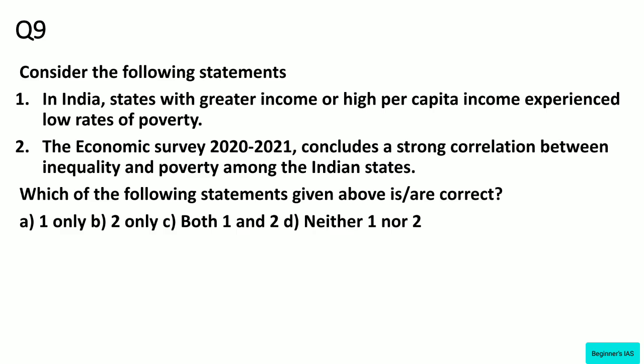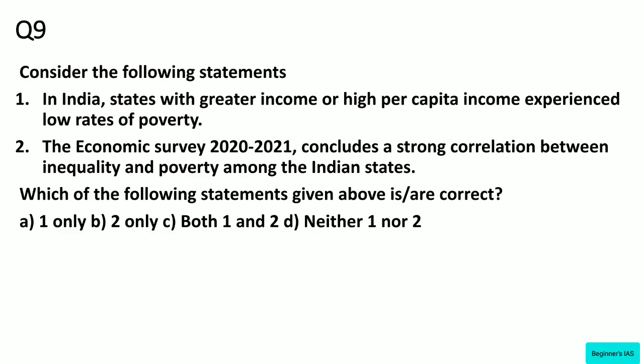Consider the following statements. In India, states with greater income or higher per capita income experience a low rate of poverty. The Economic Survey 2020-2021 concludes a strong correlation between inequality and poverty among the Indian states. Let us analyze statement number 1.